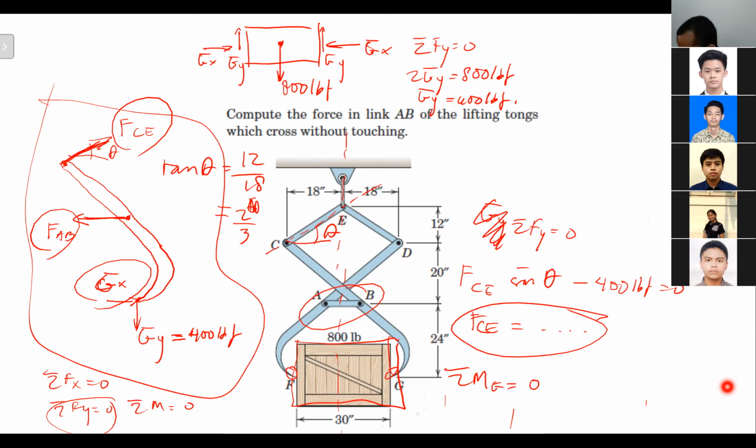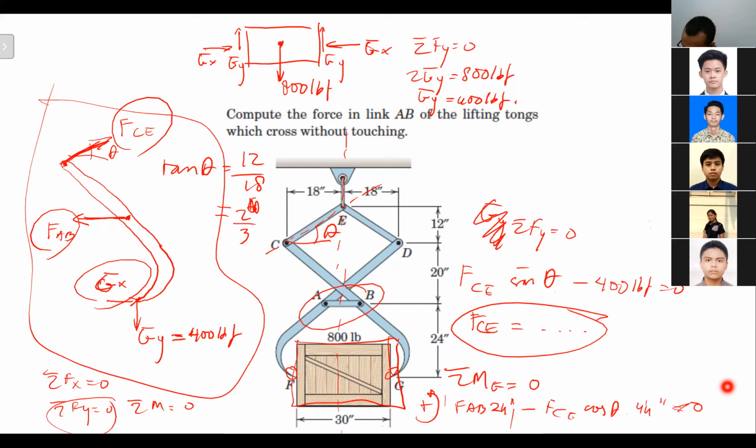So counterclockwise positive, then FAB multiplied by 24 inches, and then minus FCE cos theta times 44, equal to 0. Plus FCE sin theta.